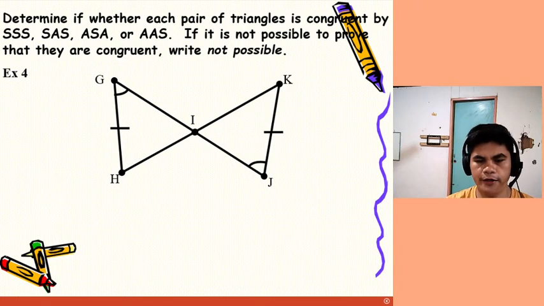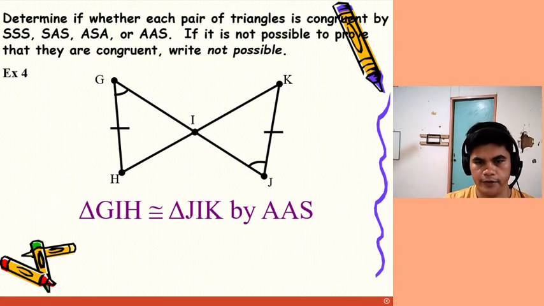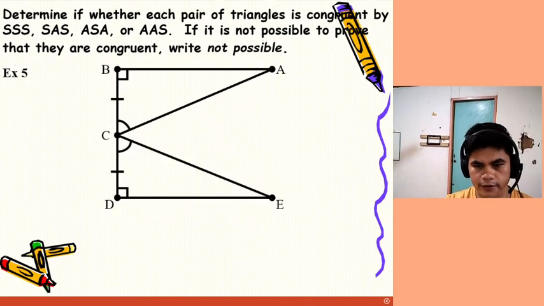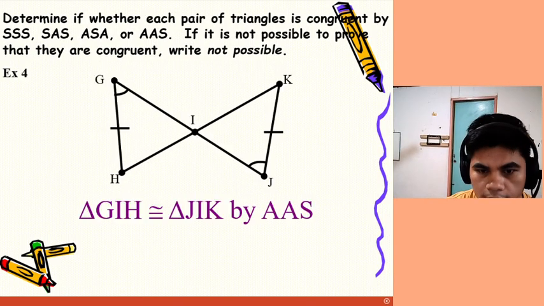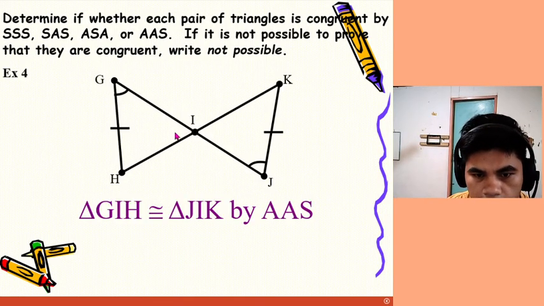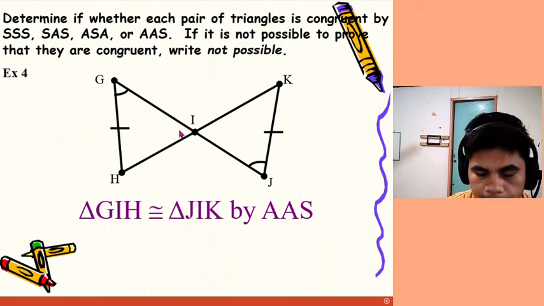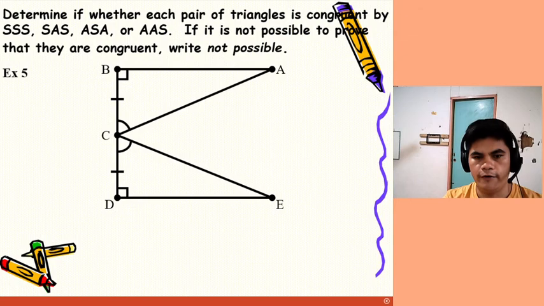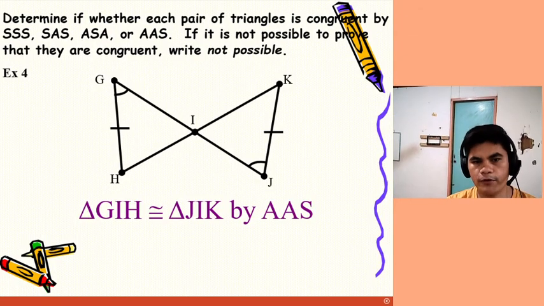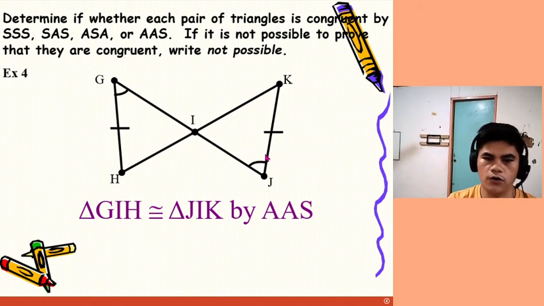Based on what we have learned earlier, we have this angle here, angle GIH and angle KIJ. What is the reason? They are vertical angles. So we can prove that the two triangles, triangle GHI and triangle KIJ, are congruent by the AAS postulate.